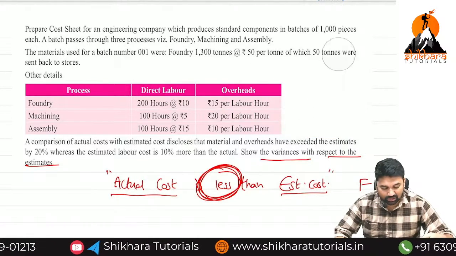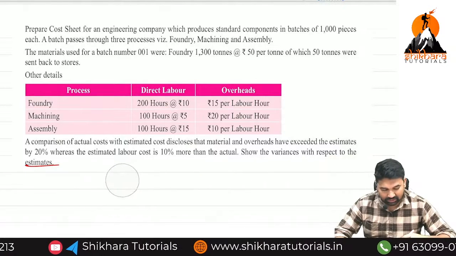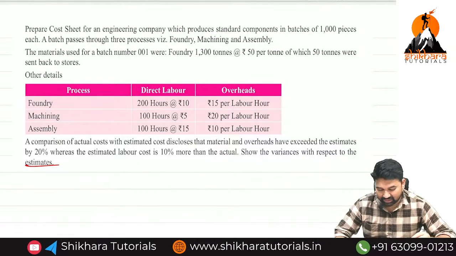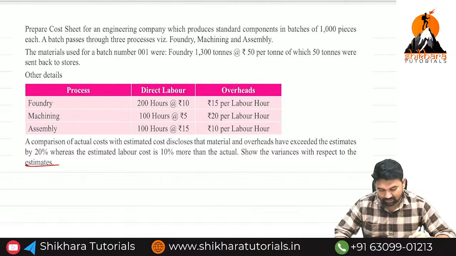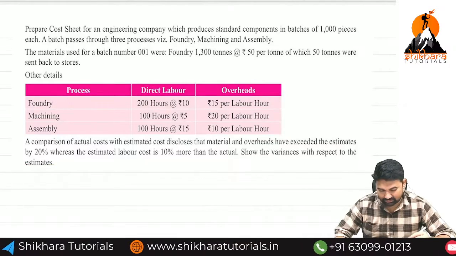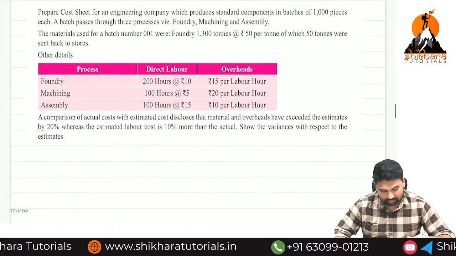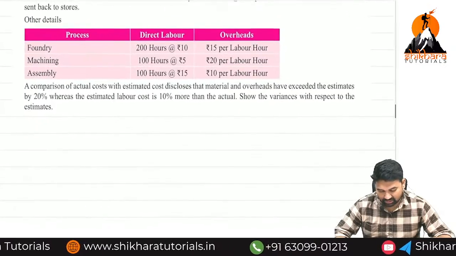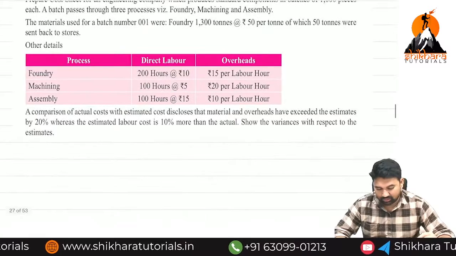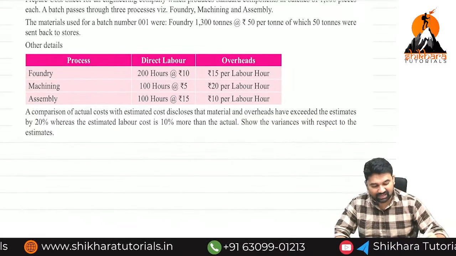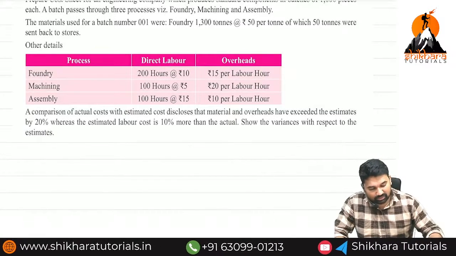We are going to solve the whole problem. Very important and easy thing actually. Right, 1000 pieces. First of all, I'll start solving the problem like this.